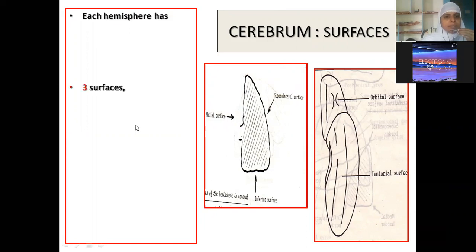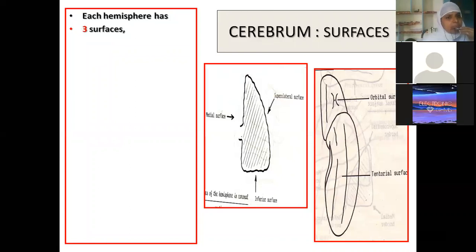So each hemisphere has three surfaces: superolateral, medial, and inferior. It has three poles. What are the three poles? Frontal pole, occipital pole, and the temporal pole.